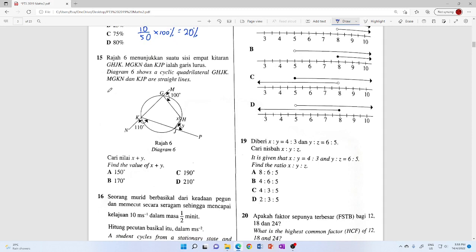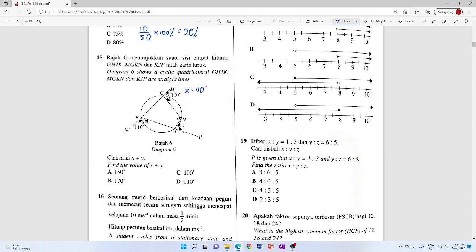Question 15. This is a cyclic quadrilateral, and MGKN and KJP are straight lines. And calculate the x plus y. X will be equals to 110.